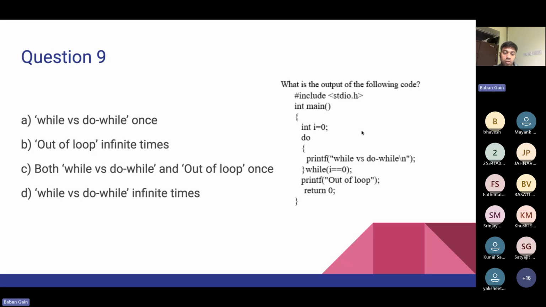But in a do while loop, it will execute first, then only check the while. So here we have some do statement, then some while condition, then something outside the loop. So what will it print?